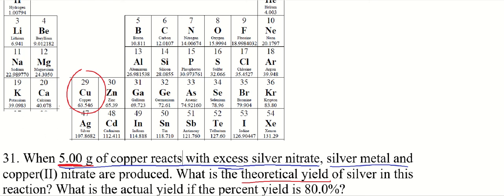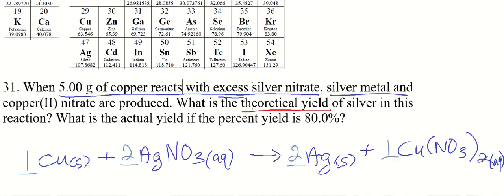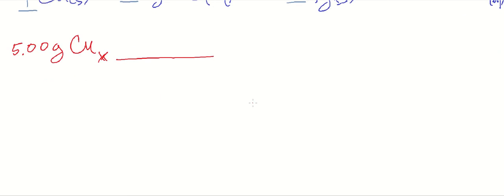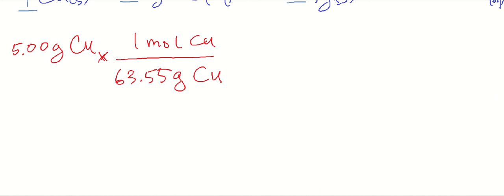So 63.55. That's how many grams of copper are in 1 mole of copper. So these conversion factors are equal, so they're valid. We can cross these units out because they're top and bottom. Sorry, not crossing the 5 out, just the units.